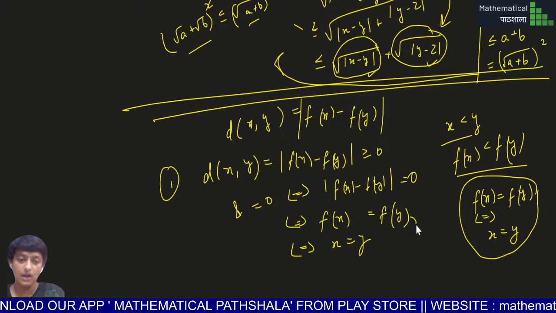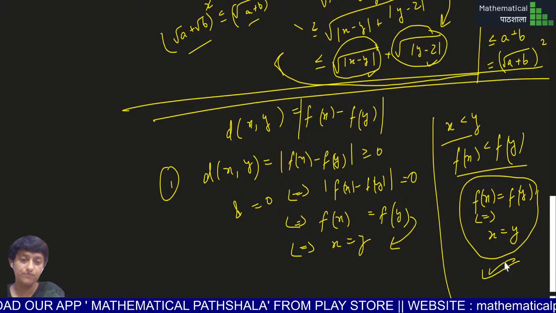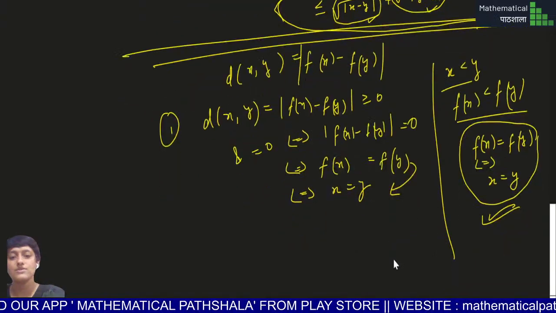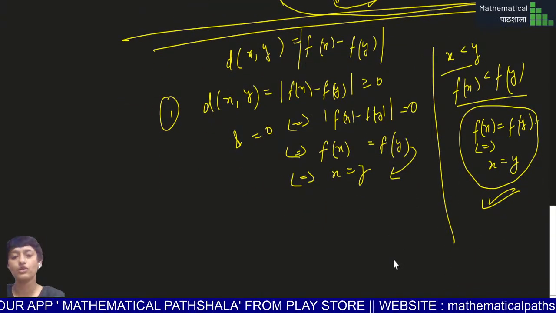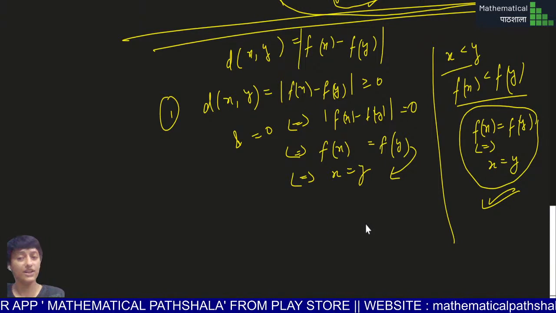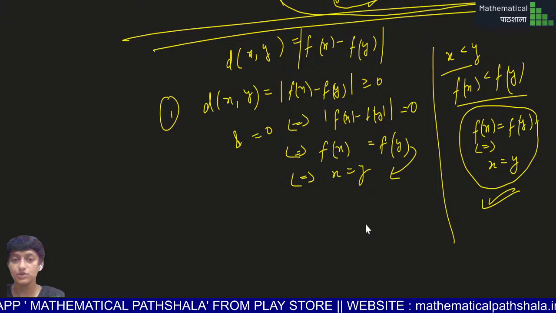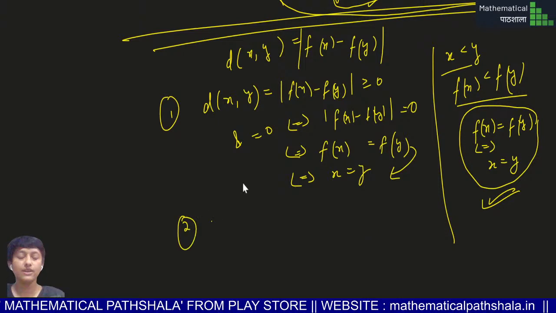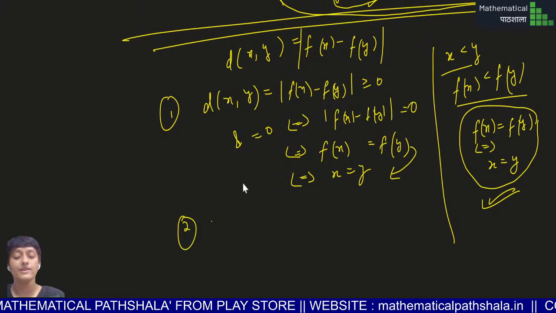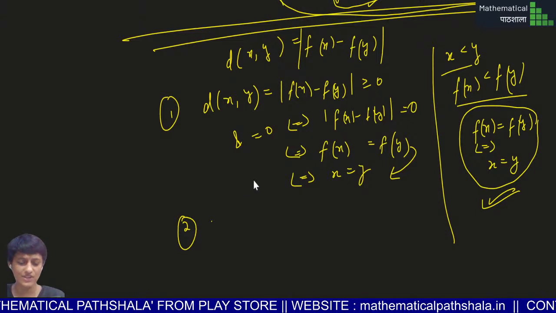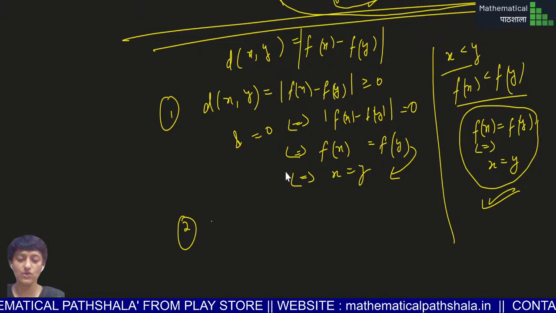How? From this part here. Because f is strictly monotonically increasing. And I have said that don't miss out any point given in the question. So, it was given in the question that f is monotonically strictly increasing. Rockstar, you have some doubt? You can ask.